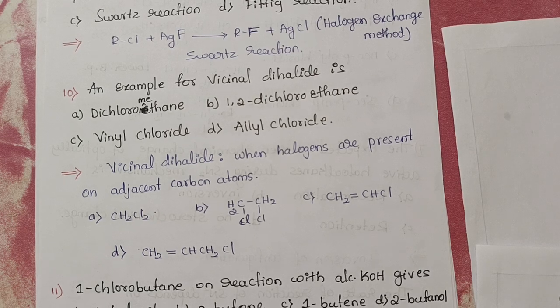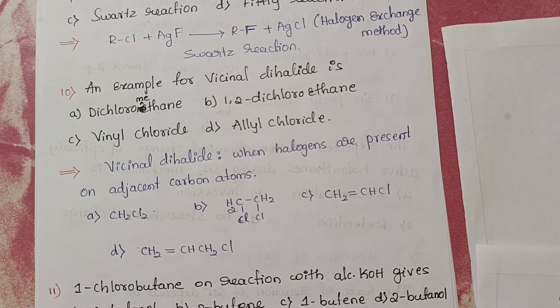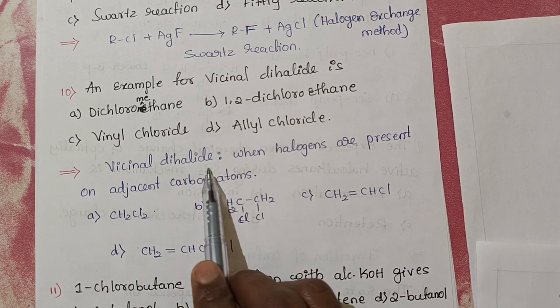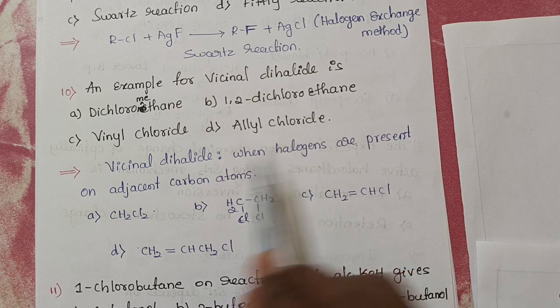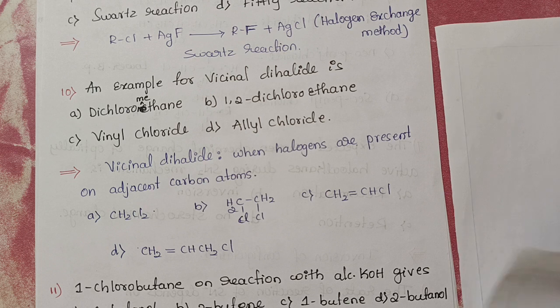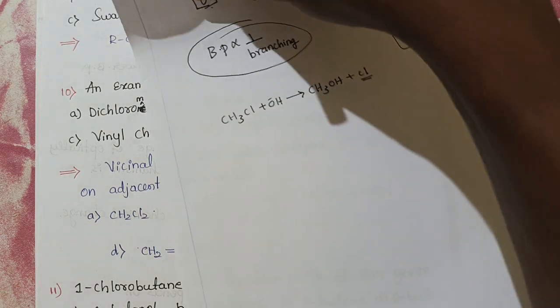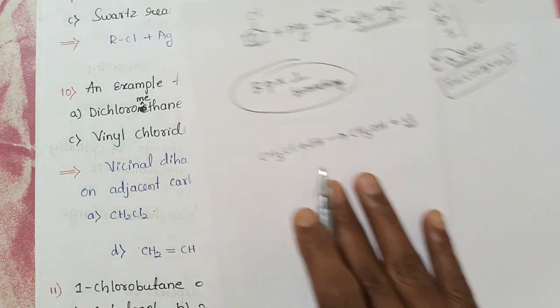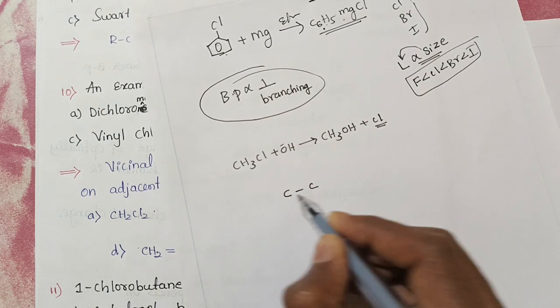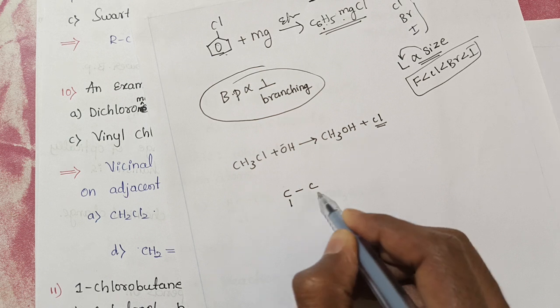Then an example for vicinal dihalide is, so this is most important, you should remember, vicinal as well as geminal. So vicinal dihalide means what? When halogens are present on the adjacent carbon atoms. When halogens are present at the adjacent carbon atoms, those types of halides are called vicinal dihalide. So if it is like this, these are the adjacent carbon atoms.